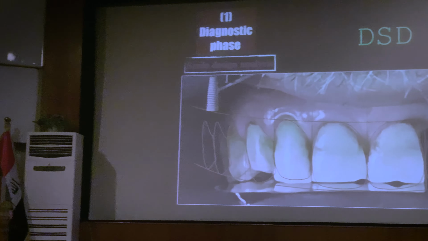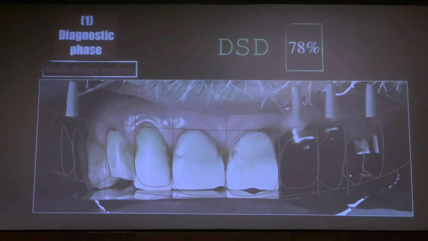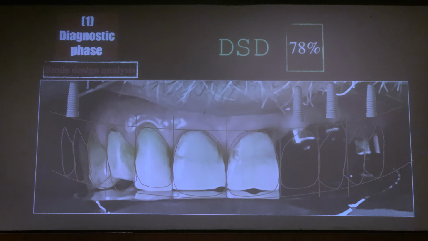And the first step, always, is making a digital smile design, 2D smile design, depending on the golden proportion, 78% for the height to width ratio for the central. Then we take the centric relation using a leaf gauge, taking a scan, upper and lower, with scan bodies.